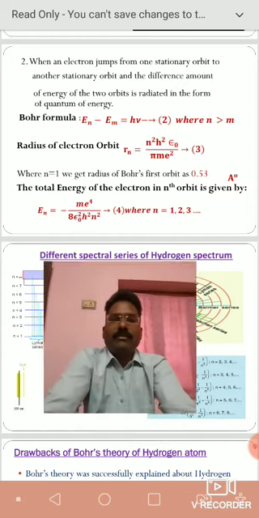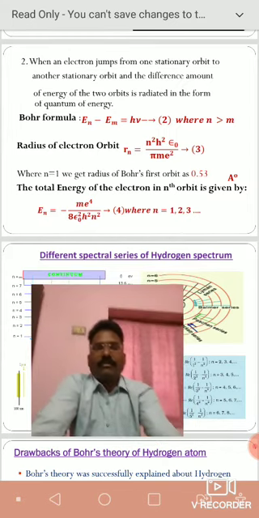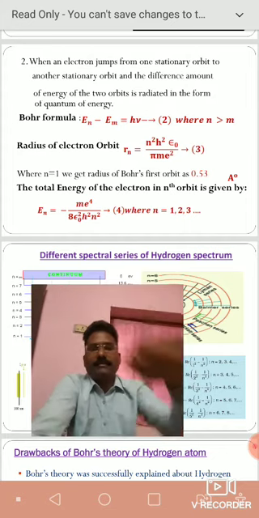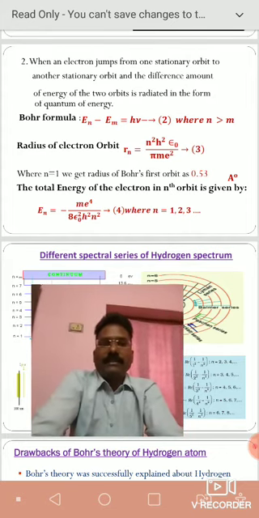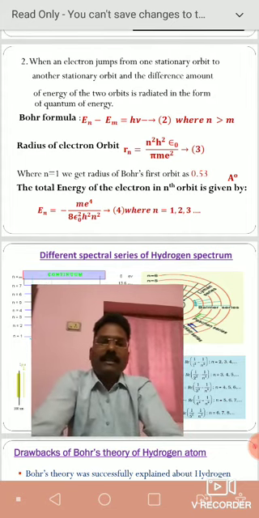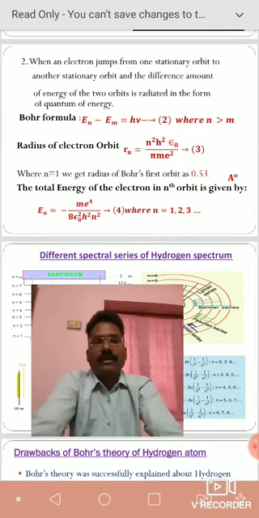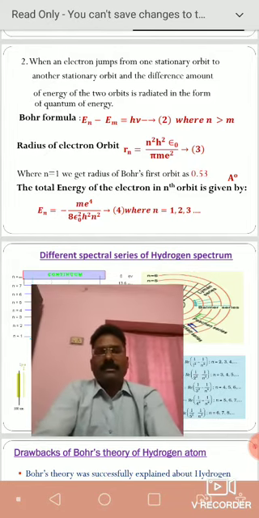Radius of electron orbit. Whenever the electron revolves in a circular orbit, the radius can be calculated. r suffix n is equal to n squared h squared epsilon naught divided by pi m e squared. This is the third equation.